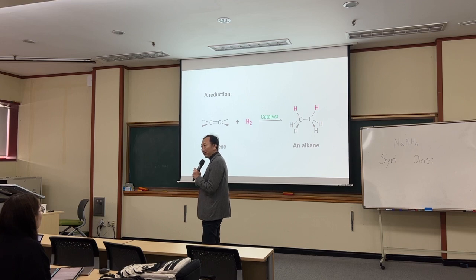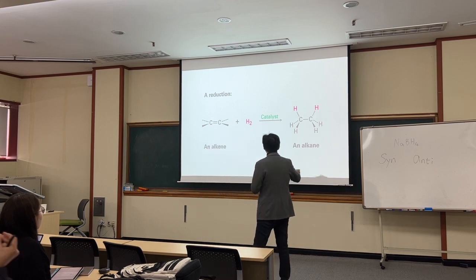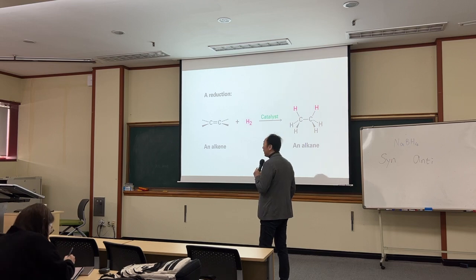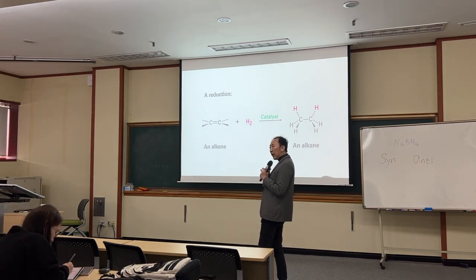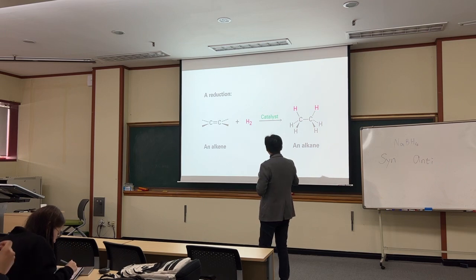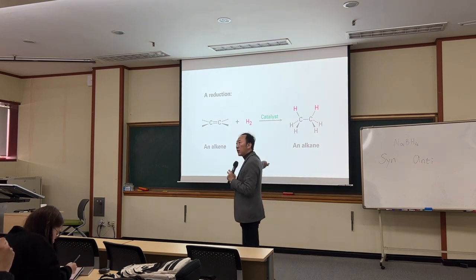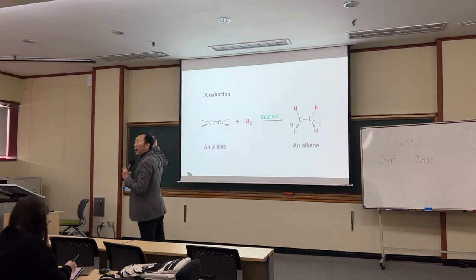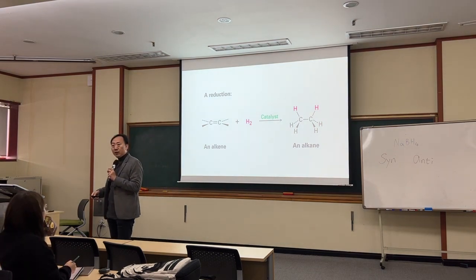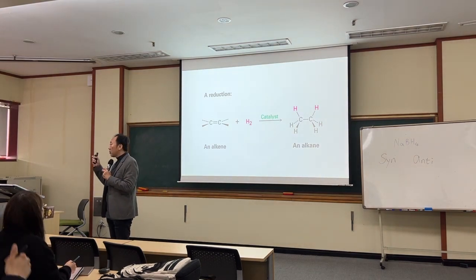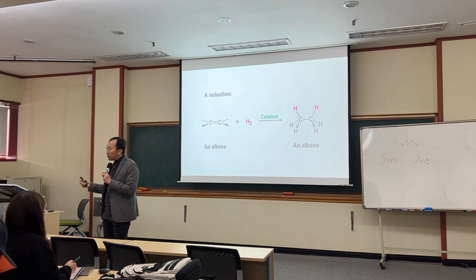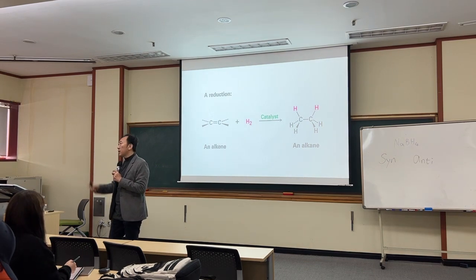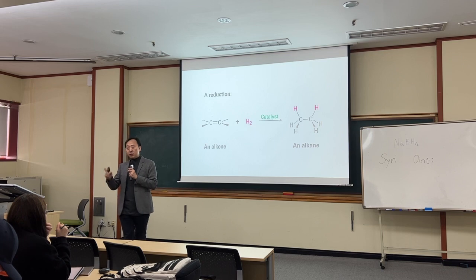Right? So electronegativity of carbon is 2.5, hydrogen 2.1. So carbon is more electronegative, attracts the electron. So that's why this is counted as -1. That's why this is reduction. If oxygen is added there, then it should be oxidation. Oxygen is more electronegative. That should be +1. Right? That's oxidation. Adding hydrogen is a reduction.